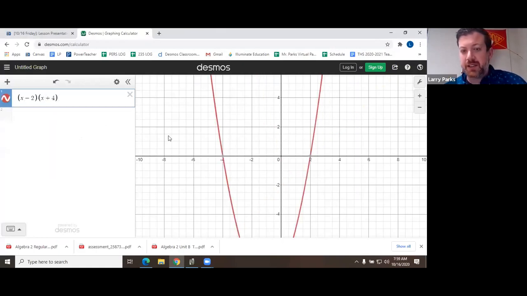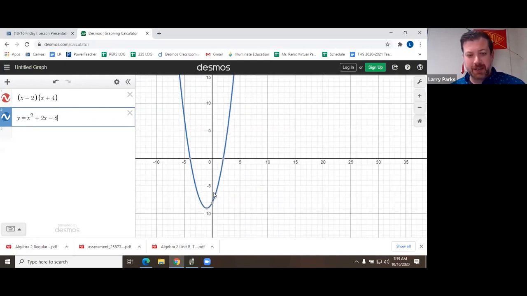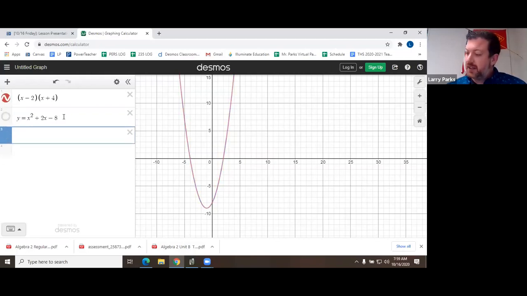Which was x minus 2, x plus 4. Notice those tell us the x-intercepts. And then we converted to standard form. And what does that tell us? That tells us the y-intercept is negative 8. See? And notice they are the same thing, just different forms. And then we converted to vertex form.